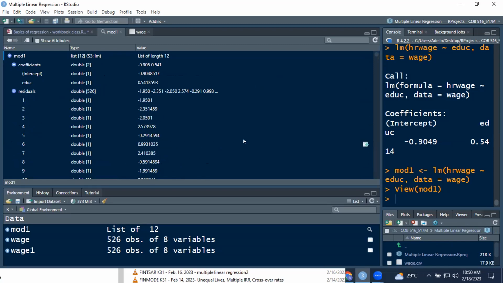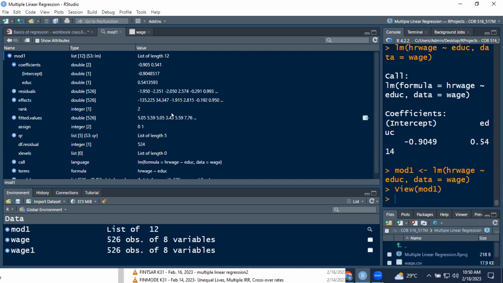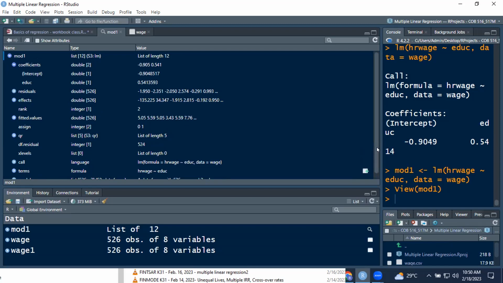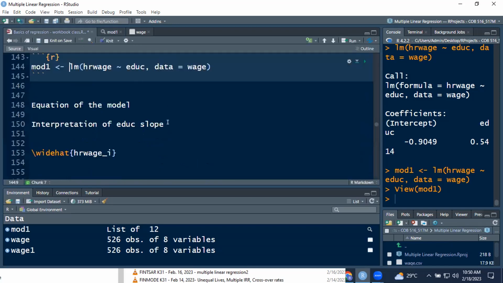Babalikan natin to class kasi residuals are very important, diba? These are the errors. And then may iba pa, there are other things here which we're going to look at. But suffice it now to say that ito yung model 1 natin, ito yung regression output natin.